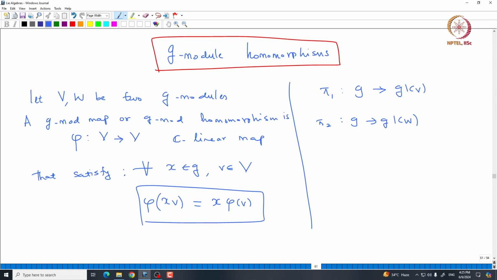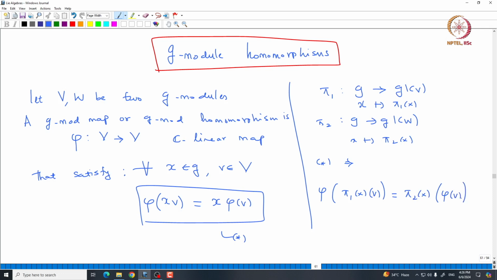So, in terms of these representations, x goes to pi 1 of x is the first map and x goes to pi 2 of x is the second map. If we rewrite this star using these maps, this star means phi applied on pi 1 of x applied on v, which is the same as pi 2 of x applied on phi of v.